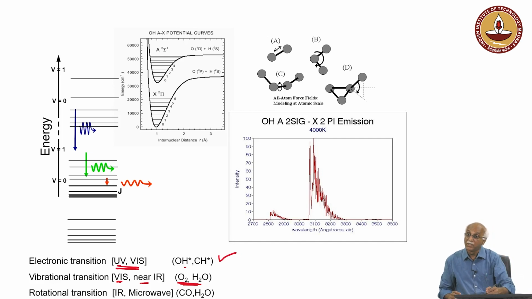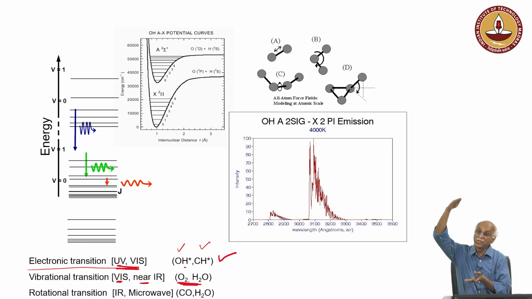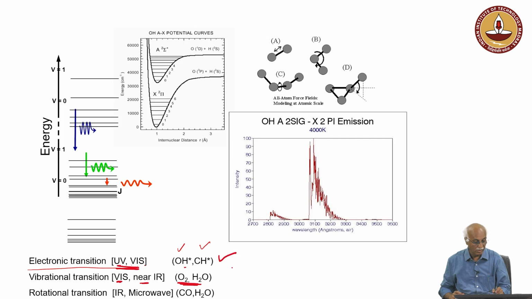They will have different energy bands, transition bands, etc. Here I have shown you that it is possible to excite OH radicals, CH radicals using UV-VIS light, and we can see the transition bands in the ultraviolet region.